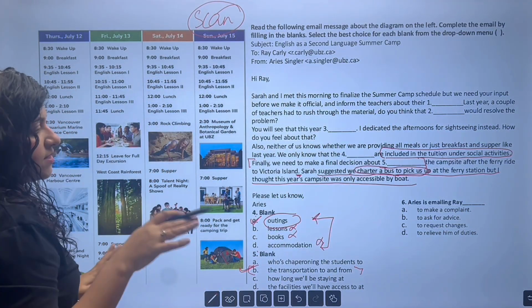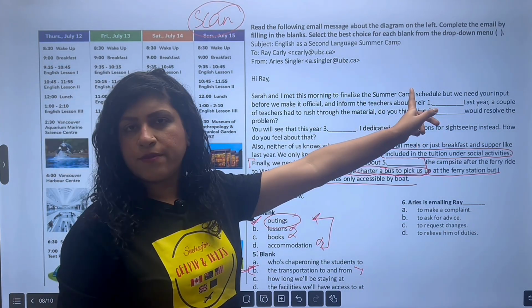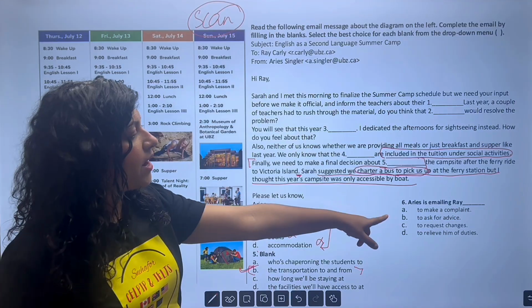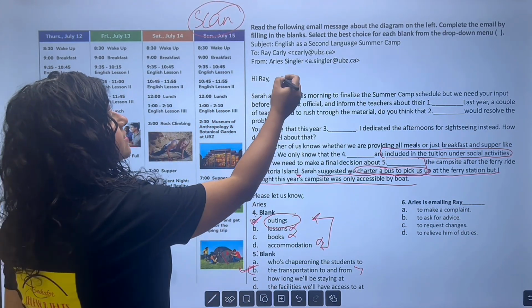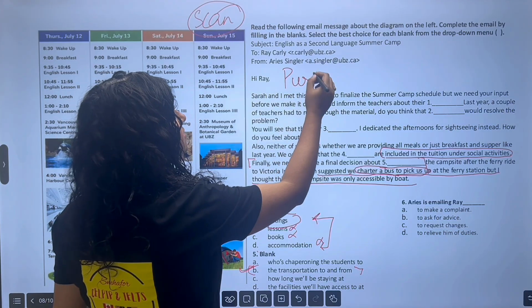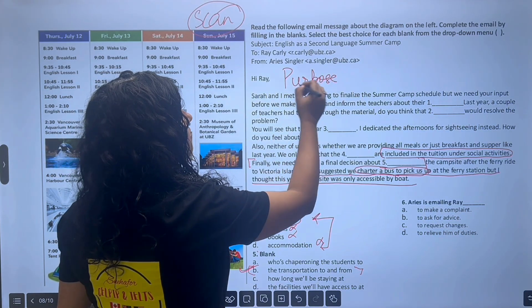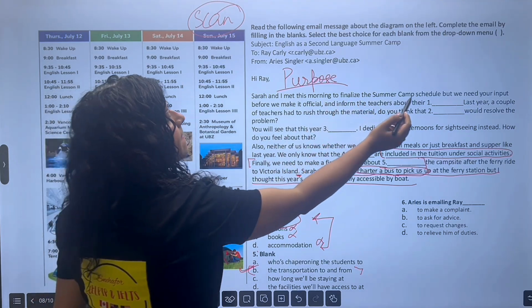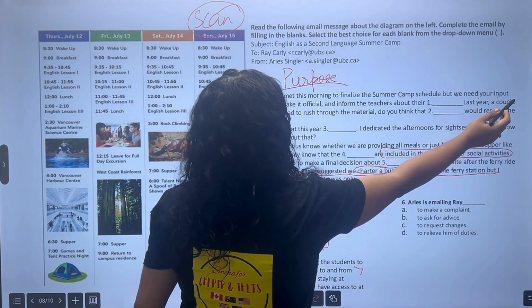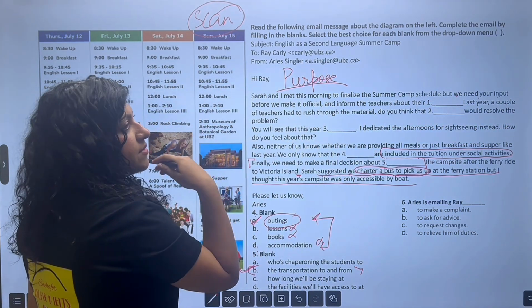Now, question number 6, it's written over here. It's not part of the text, as I said earlier. So Aries is emailing Ray. What is the purpose? Why is Aries emailing Ray? It's clearly said in the beginning. We need your input before we make something official.